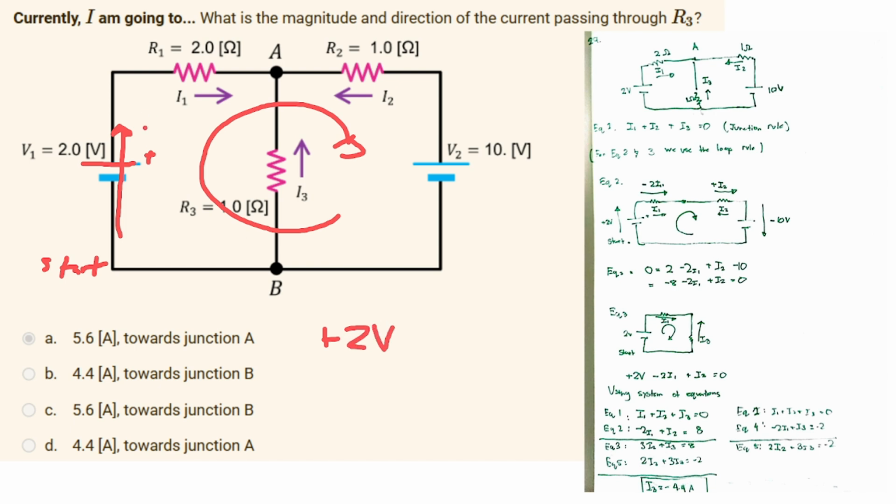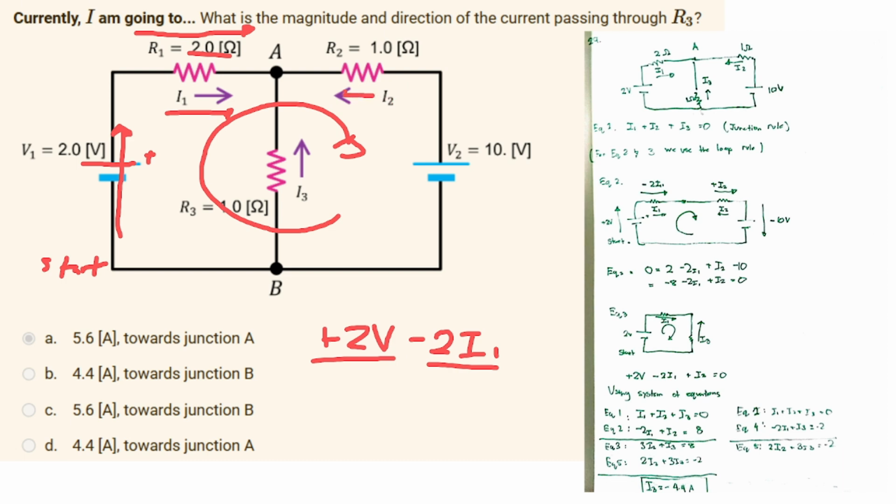Then it goes here. Something to note is that if your loop direction and your assumed current go in the same direction, it's negative. So you are taking negative 2I, because V equals IR. We're doing it in terms of voltage everywhere. So it's 2 ohms times I1. We take the outer circle.